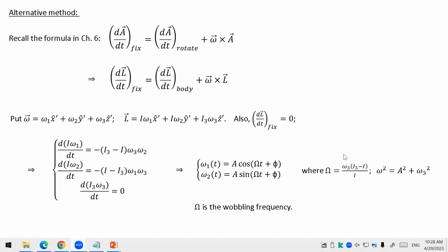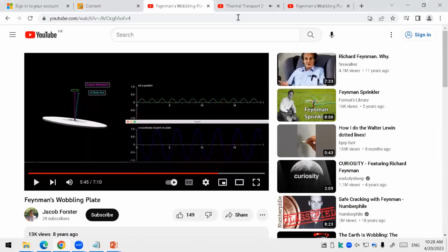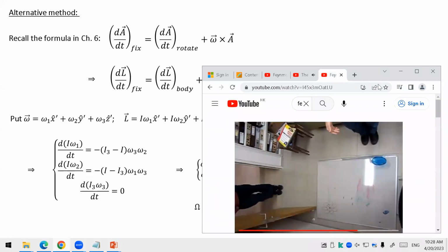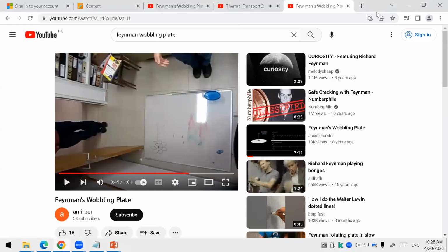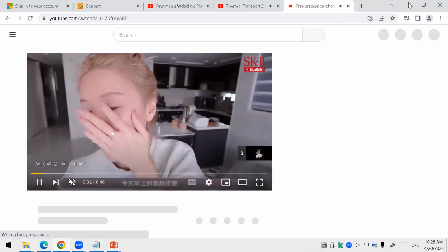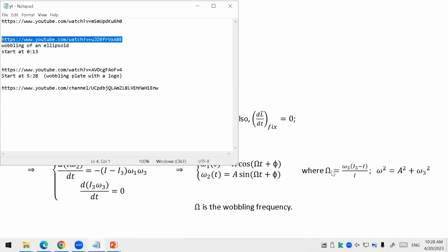Okay, so let me show you just one more short animation. I think I have it here. What if we don't have a plate, but another shape? When I derived this formula, it does not necessarily have to be a plate.